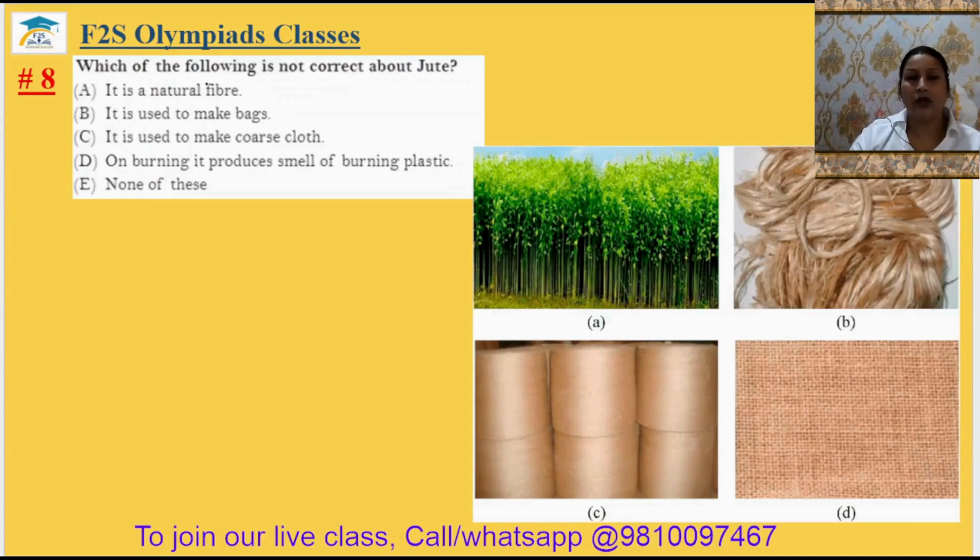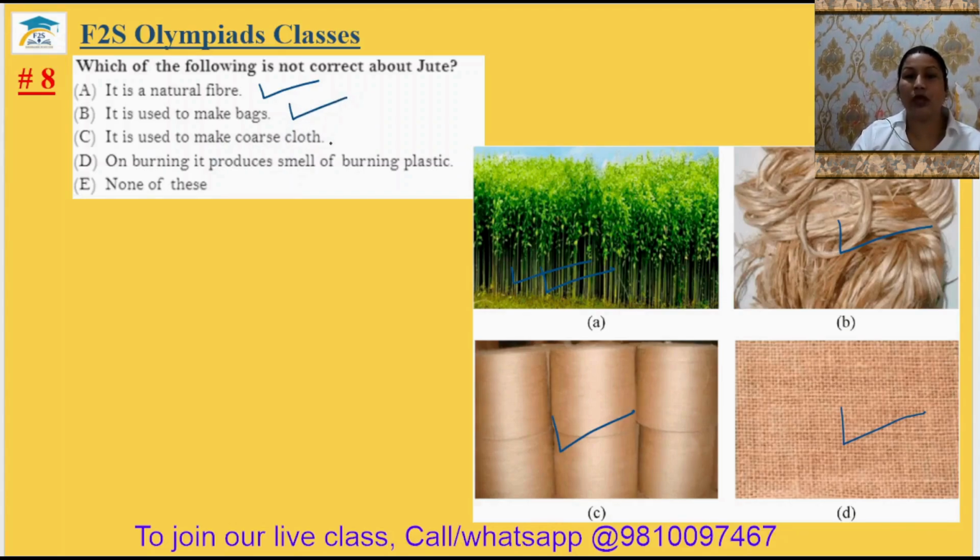Question number 8. Which of the following is not correct about jute? It is a natural fiber. Yes, you can see this is the jute plant, this is the jute fiber, this is the jute yarn and this is the jute cloth. So natural fiber, correct. It is used to make bags. Yes, we can use jute fiber to make bags.